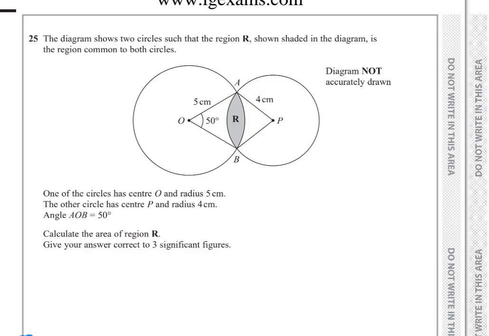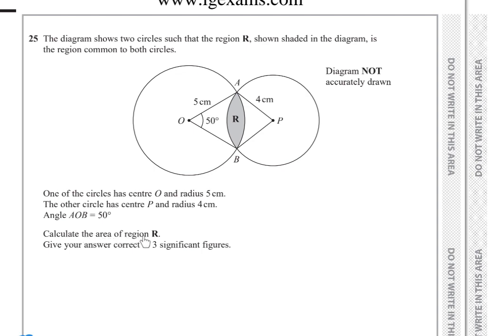25. The diagram shows two circles such that the region R shown shaded in the diagram is the region common to both circles. One of the circles has center O and radius 5. The other circle has center B and radius 4. Angle AOB is 50 degrees.